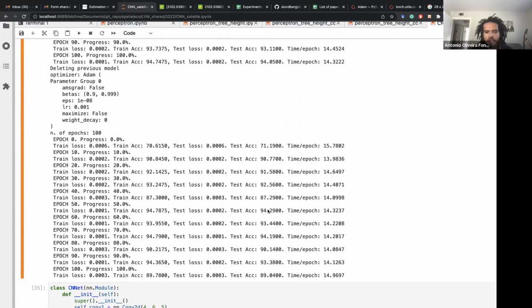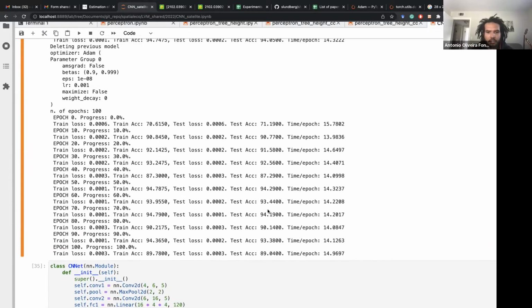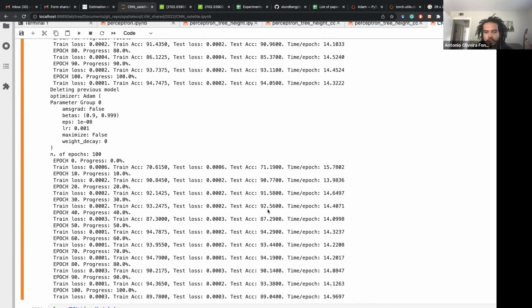So yes, we can say that the feed-forward neural network can learn to classify the images with relatively high accuracy, right? So you see 94% accuracy for the classification of the samples in the test data set, right? So it can do a good job.